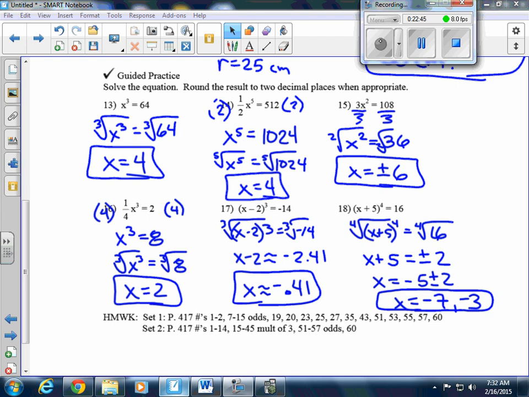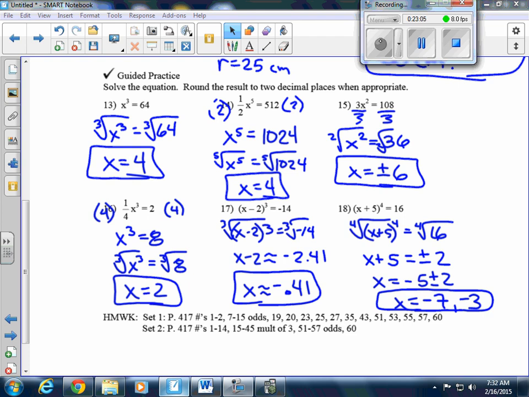So the biggest things to remember from this section are how to solve these equations using rational and radical exponents. Remember, the index number in your radical comes from the denominator.